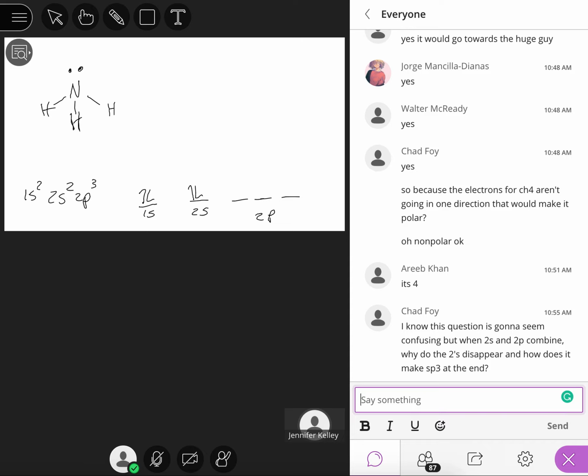According to Lewis, only those three could make a bond. But that doesn't happen most of the time with nitrogen. Nitrogen usually makes four. Well, it makes four, not about four. So what happens is you're going to get a combination of these, and again, you're going to get sp3.